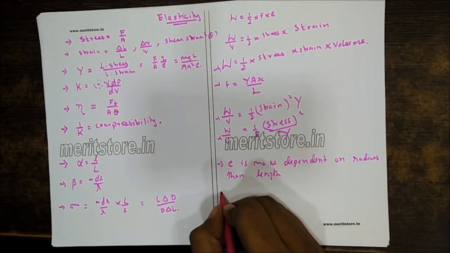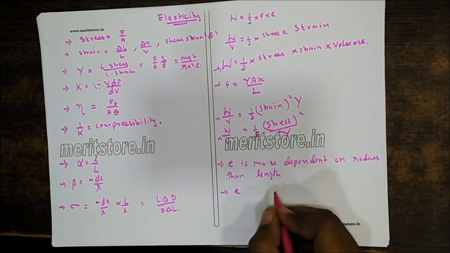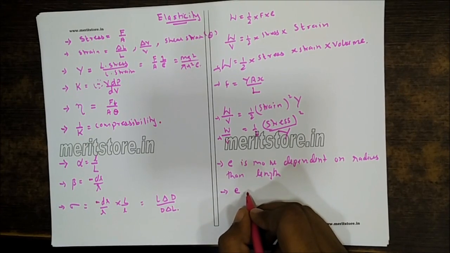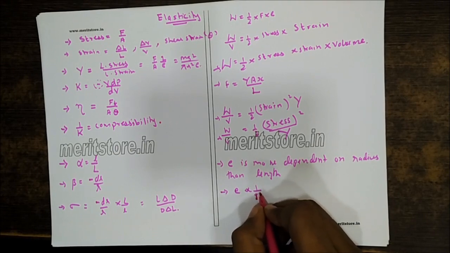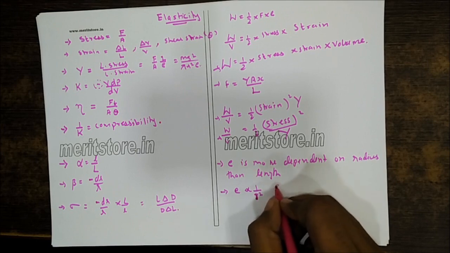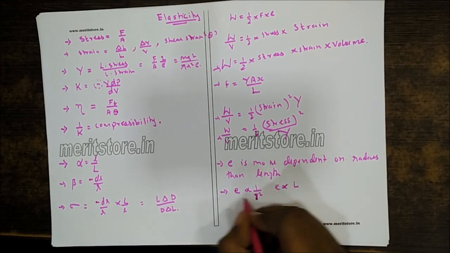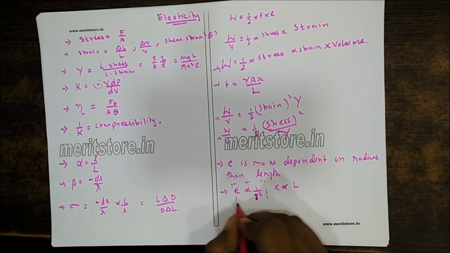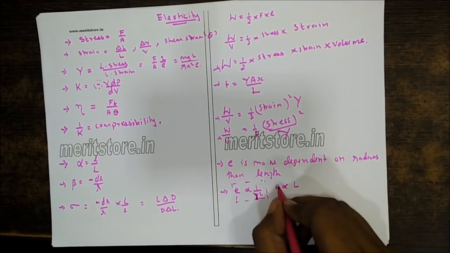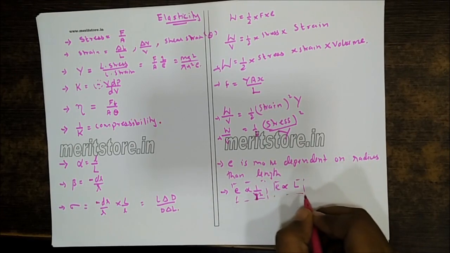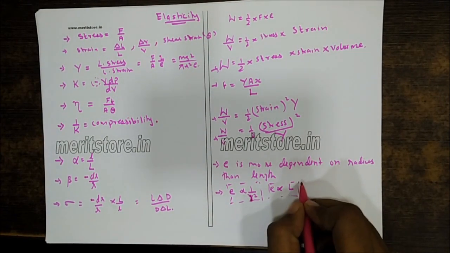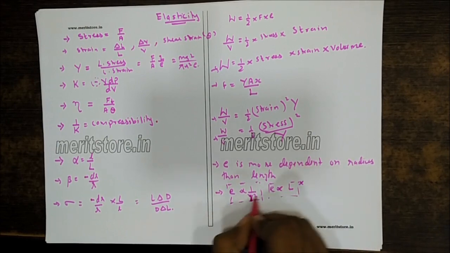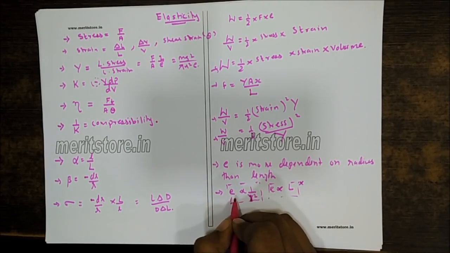You can say e is inversely proportional to r square and e is directly proportional to L. This is more important than e proportional to L. If there is a comparison between these two in a question, I would neglect this part and only compare the change in radius with the elongation.